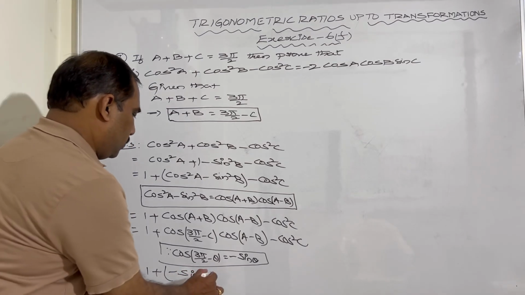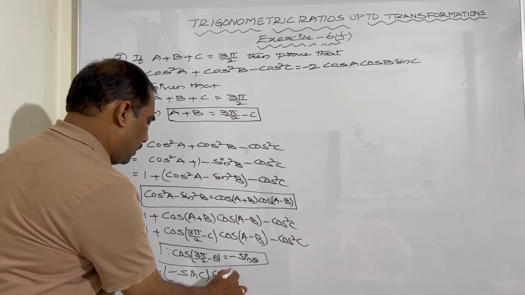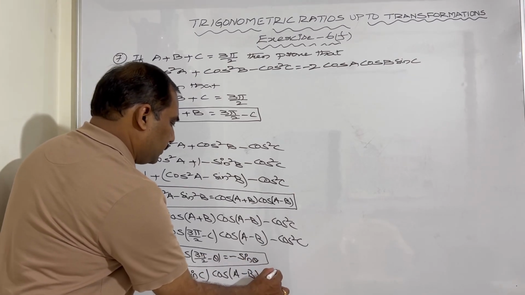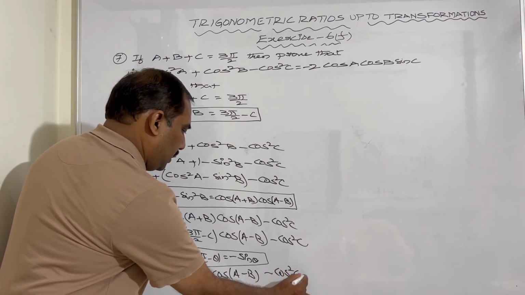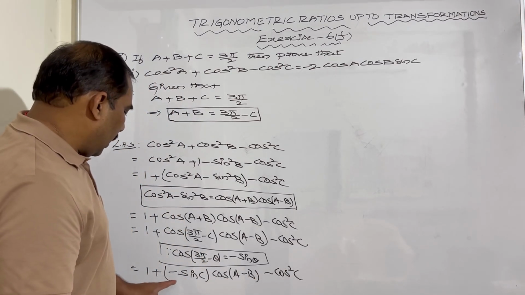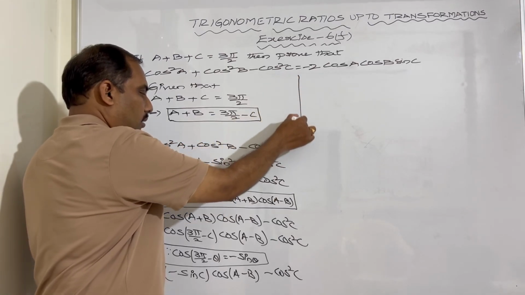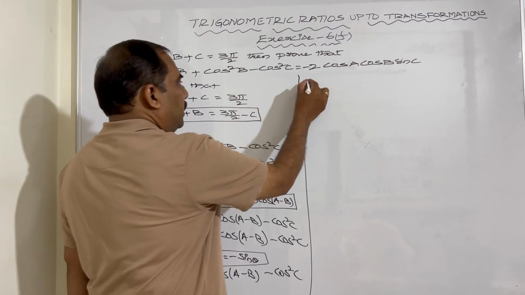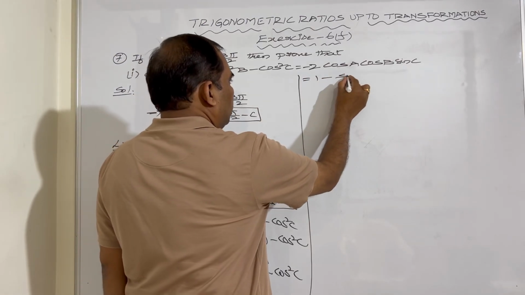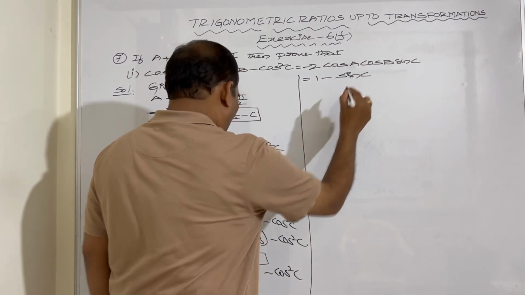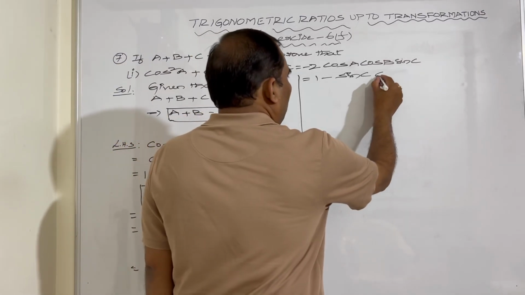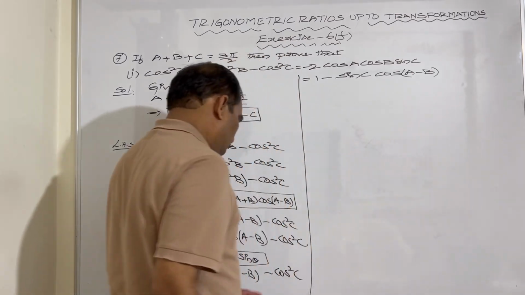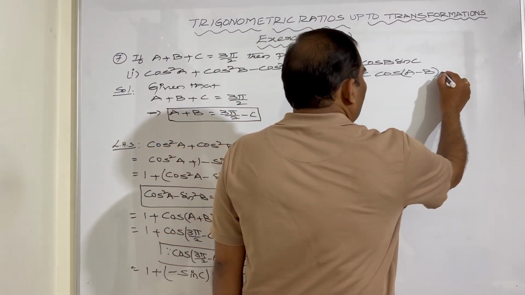So we have 1 plus minus sin c into cos of a minus b, and minus cos square c written as it is. Now 1 plus into minus is minus, so 1 minus sin c into cos of a minus b, and here we have minus cos square c.